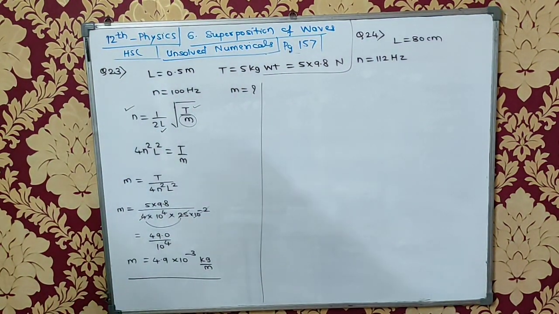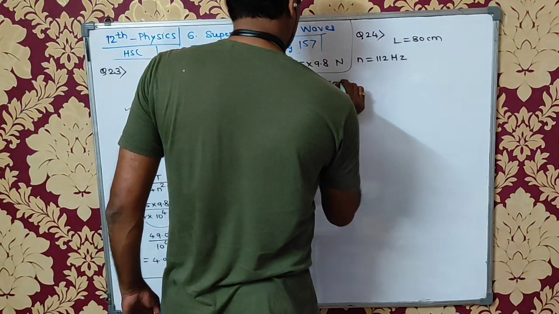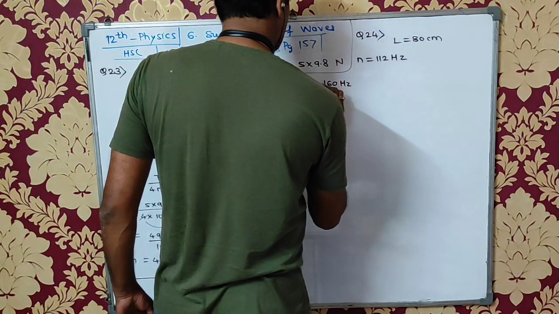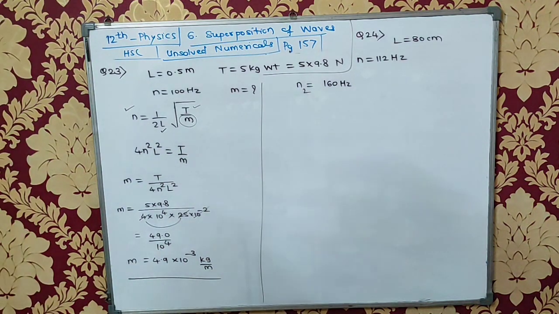If the guitarist wishes to produce the frequency of 160 Hz, where should the person press the string?